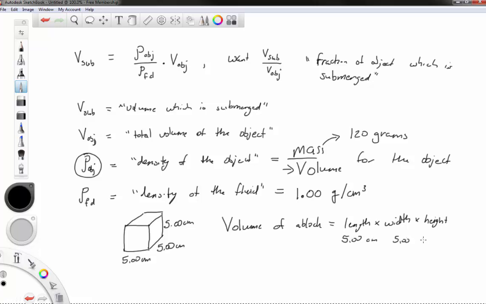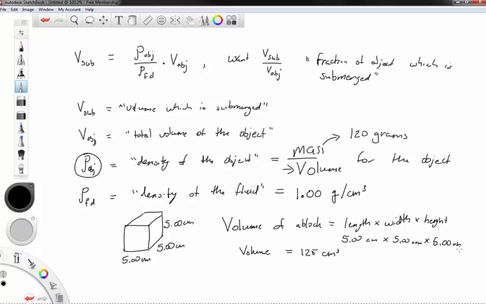So this total volume must be whatever 5 times 5 times 5 is. Well, 5 times 5 is 25. If you multiply that by another 5, you get 125. If you don't believe me, you can plug it into a calculator and double check. So volume in this case is equal to 125 cubic centimeters, because you have centimeters times centimeters times centimeters.